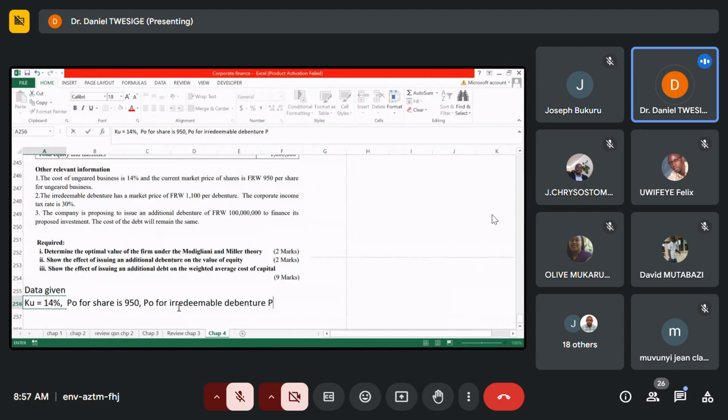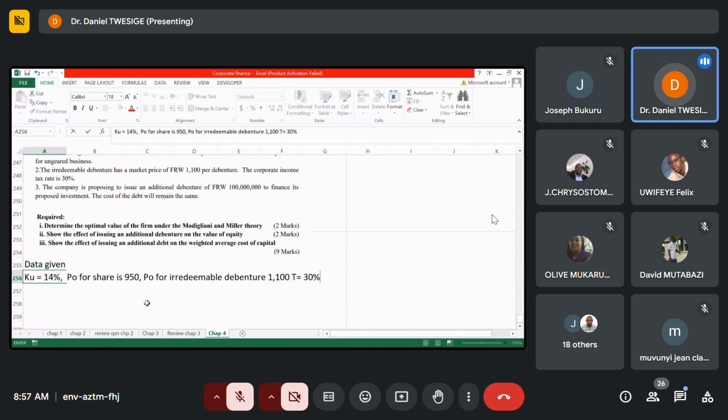PO is 11,000. Sorry, I was buying some fruits. The corporate income tax, we have our T equal to 30%. The company is proposing issuing an additional debenture of 100 million to finance its investment. So then we have the par value of shares, which is given.